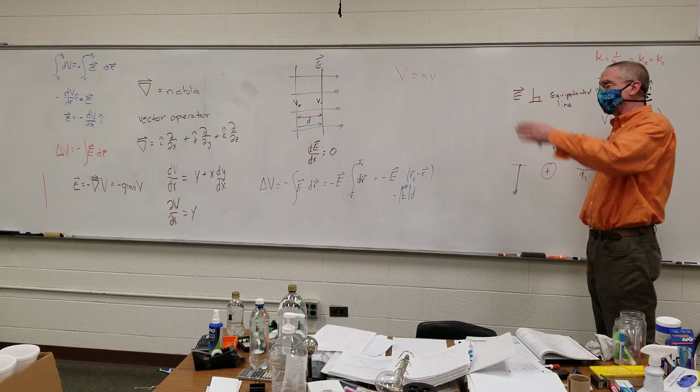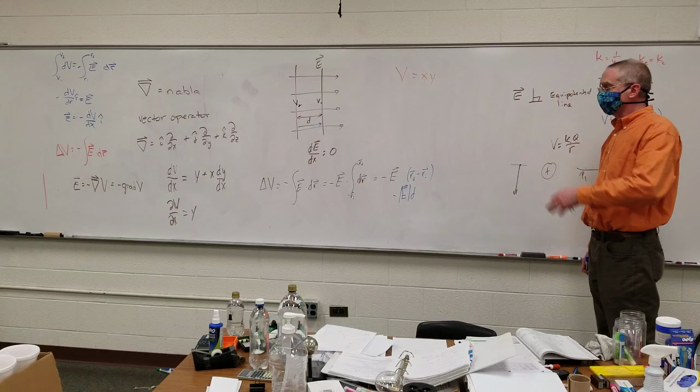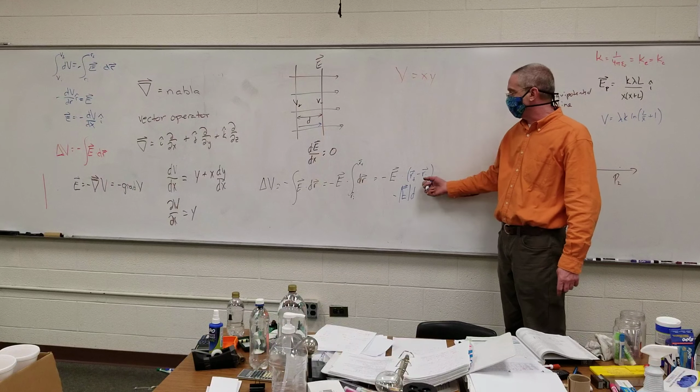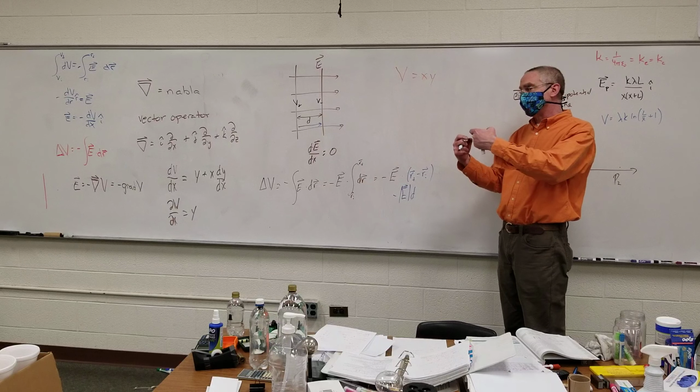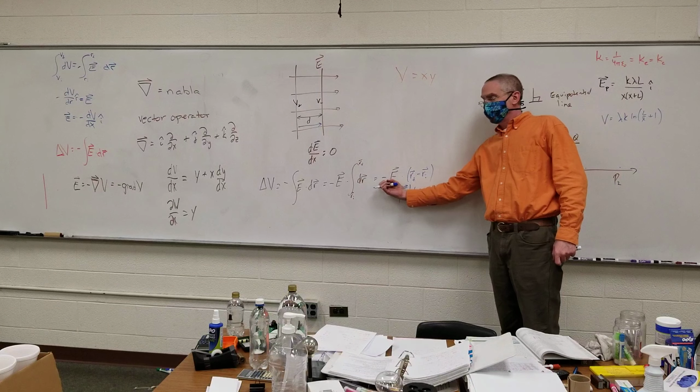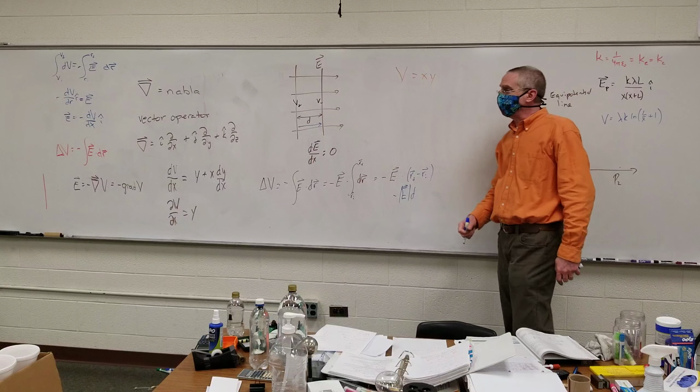If I go the other direction, my delta V is positive, because then the electric field and this difference in position are in opposite directions, and therefore this whole thing will be negative, with a minus sign out here, it makes delta V positive.